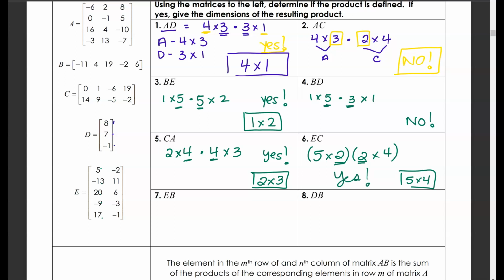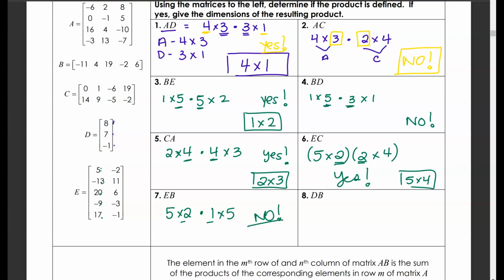EB. If I look at E, I have a 5 by 2, and we're going to multiply that by B, which is a 1 by 5. The outer ones match, but the inner ones do not, so the answer is no. Okay.